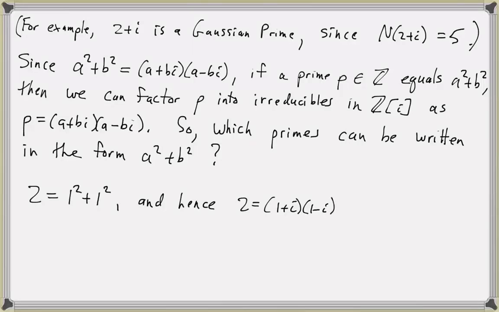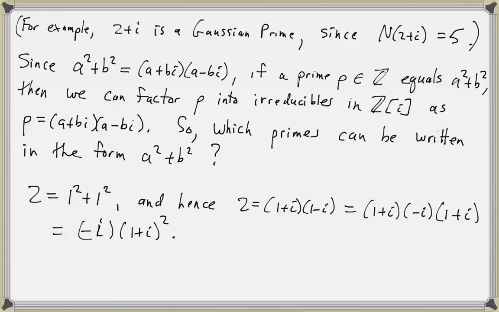Now these factors, 1 plus i and 1 minus i, are actually associates. And to see this, let me factor out a negative i from the second factor. This would leave a factor of 1 plus i. And so we see that 2 can be written as negative i times 1 plus i, the quantity squared. And so we see that 1 plus i is an irreducible element in the Gaussian integers.